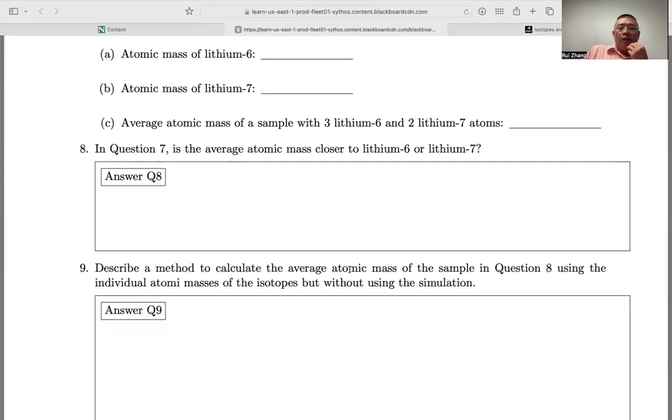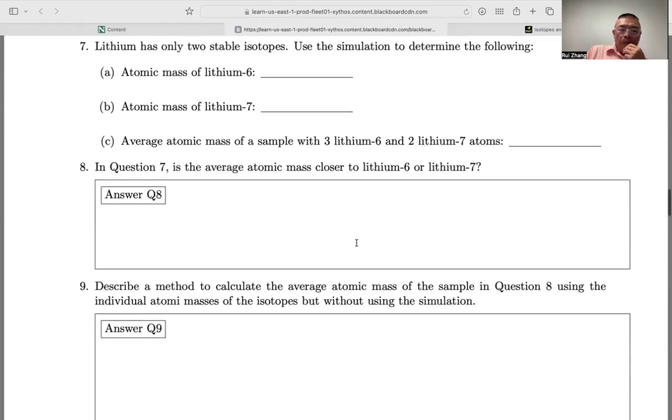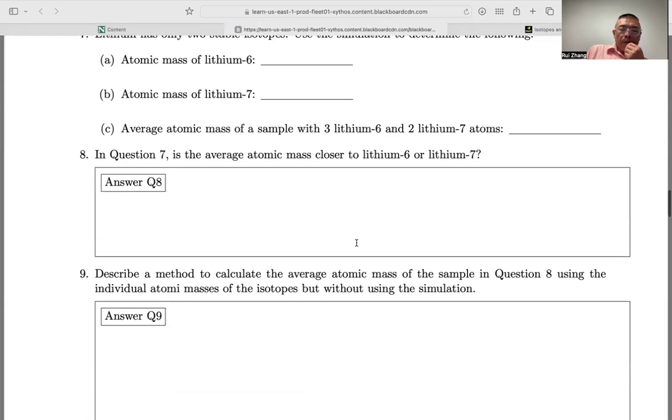It says to describe a method to calculate the average atomic mass of the sample in question number 8. I think this is for questions number 7 and 8, and they're the same thing. Without using the simulation, you're just doing an appropriate average, which adds all these atoms with different masses together and divides by the number of atoms.